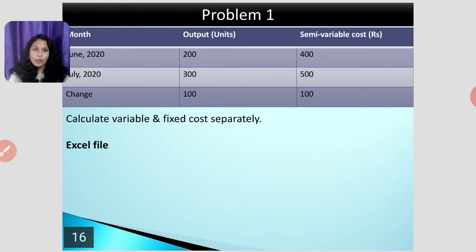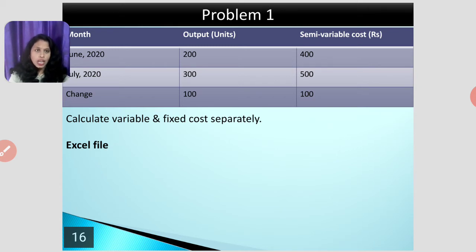The output here is 200, 300, and the change in these 2 months. First month 200, July month 300, it means the change over the 2 months is 100. Then semi-variable cost in the month of June is 400, semi-variable cost in the month of July is 500.